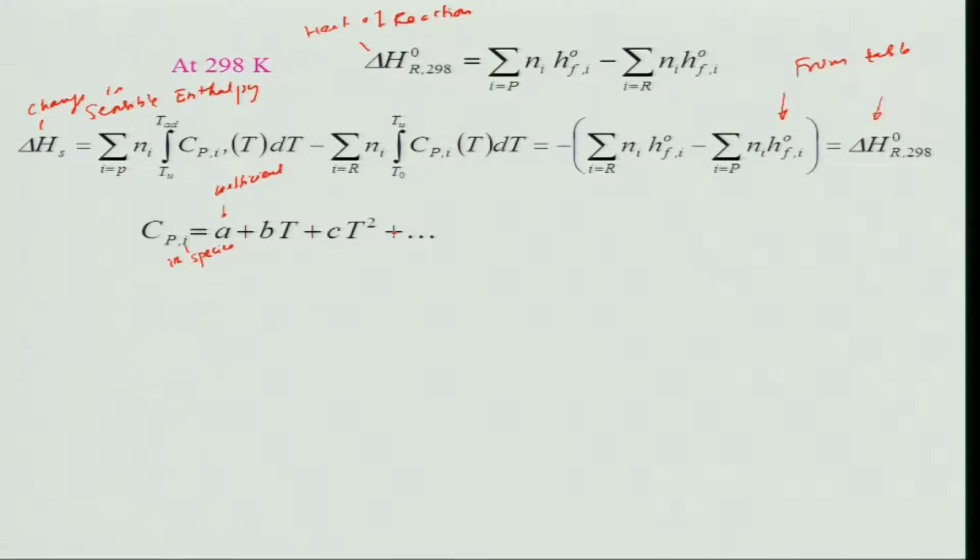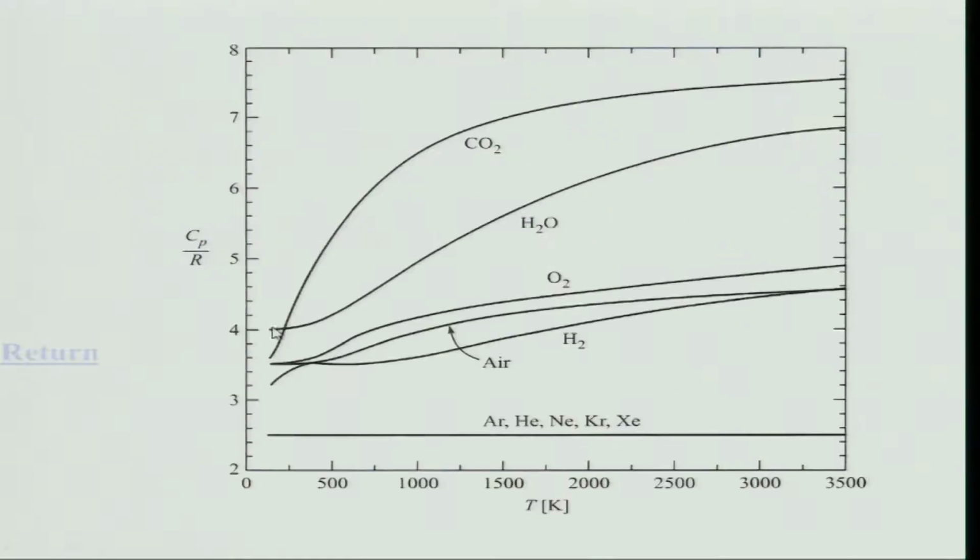Now let us see how Cp varies with temperature. Let us look at a plot. Cp for species like hydrogen, oxygen, water, carbon dioxide varies with temperature. Of course, for a monoatomic molecule it does not vary, and we do not use such species particularly for our combustion reactions.